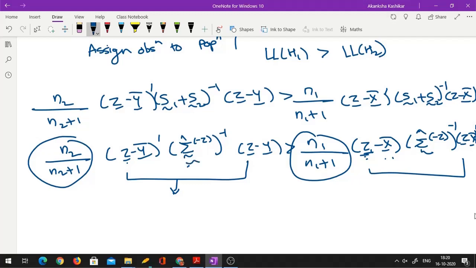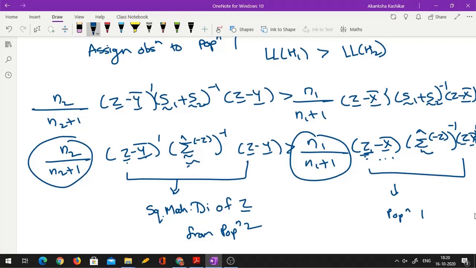Are you getting what I am trying to say? Because I am taking deviation from the second mean here and the first mean here, this is basically the squared Mahalanobis distance of Z from population 2, and this is the squared Mahalanobis distance of Z from population 1.